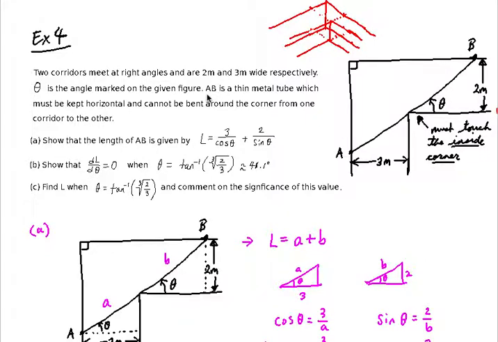And AB is a thin metal tube which must be kept horizontal. You can say maybe parallel to the floor. If you think of the tube as kept parallel to the floor, that might make a little more sense. It's kept horizontal and cannot be bent around the corner from one corridor to the other.